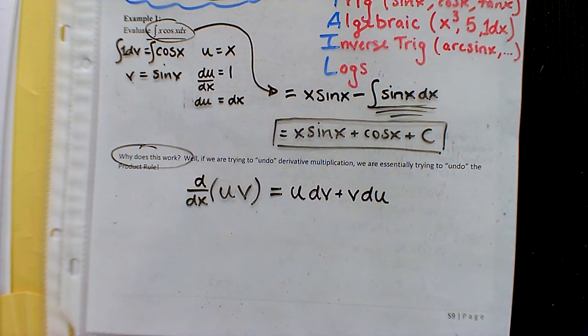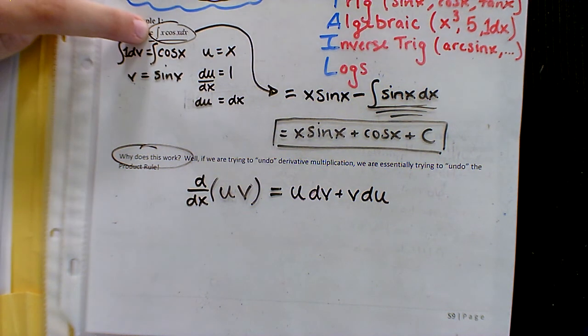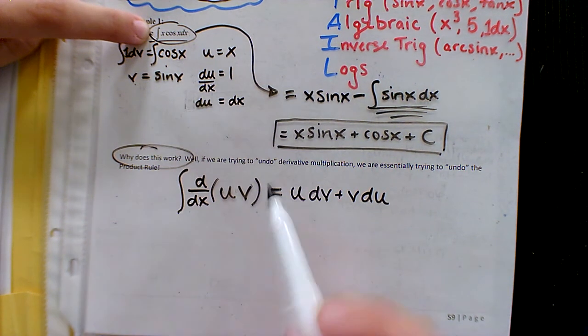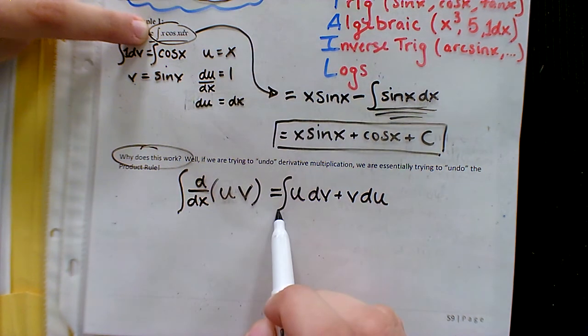Okay, so we're multiplying two things together and we found the derivative. In these examples, we want to do an antiderivative, meaning we're going to work backwards. So let's see what happens if we work backwards from both sides.